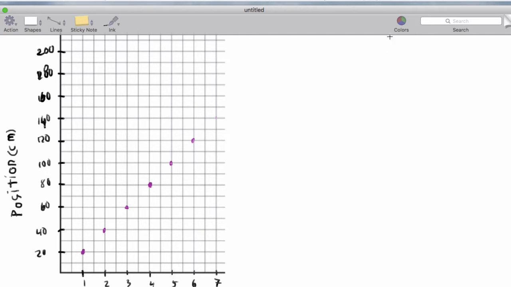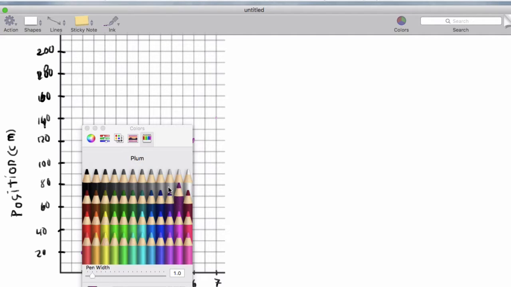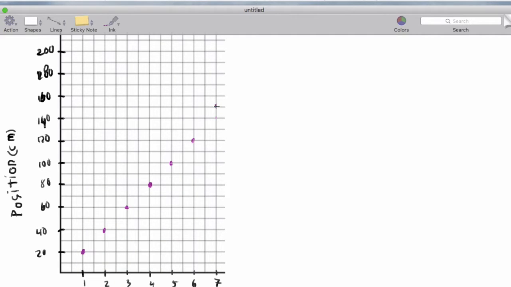Sorry, I numbered these wrong, so let me double check these numbers. Seven seconds is right here. This is where buggy A is at 7 seconds.